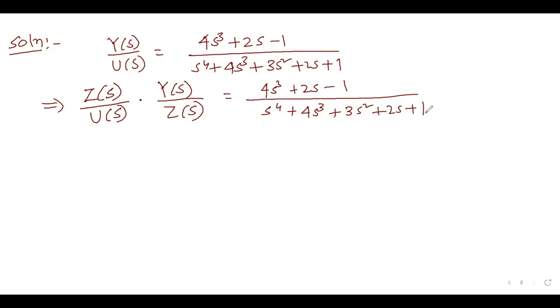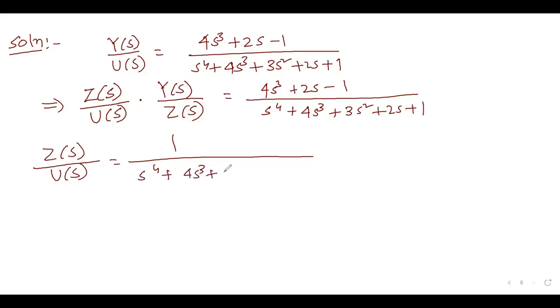All right. In the first term, Z(s) by U(s), we will consider the denominator polynomial, that is 1 divided by this. We can easily represent this because there are no zeros in this system, so we can easily implement it.